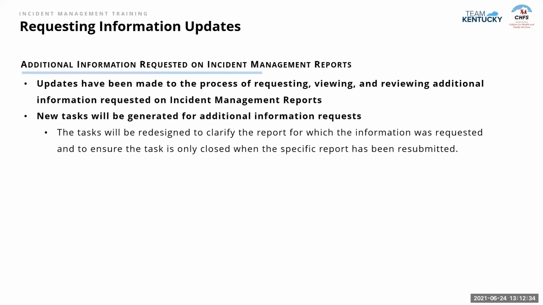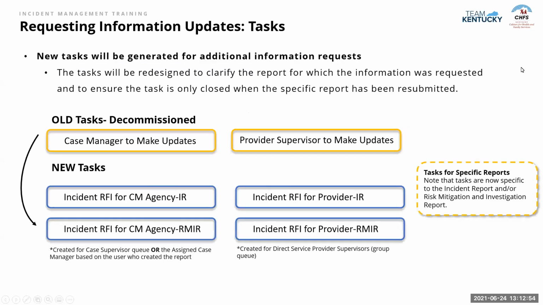These new tasks have really just been redesigned to tell you more specifically what report that request is for and who exactly the request is being made to. These tasks will also help to notify you when a specific report has been resubmitted so that task can then be closed. So we'll go ahead and move forward and take a look at what these new tasks look like.